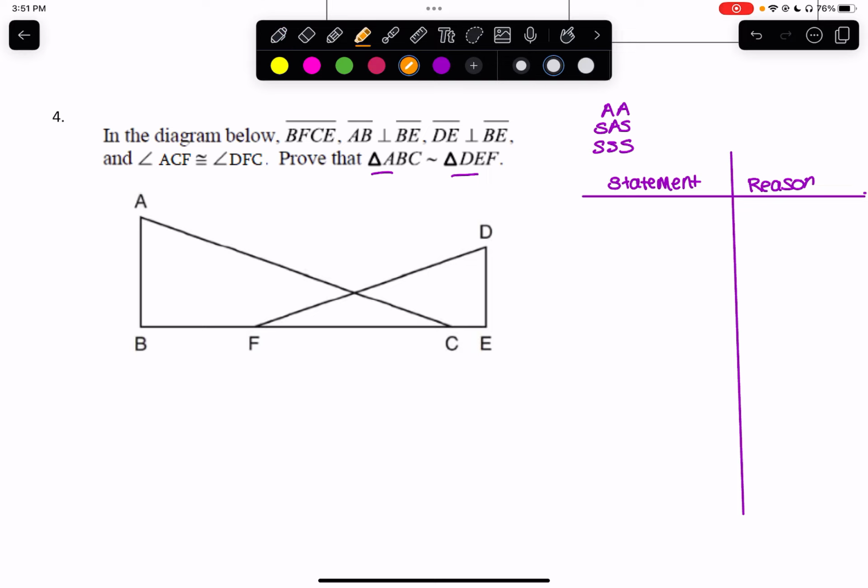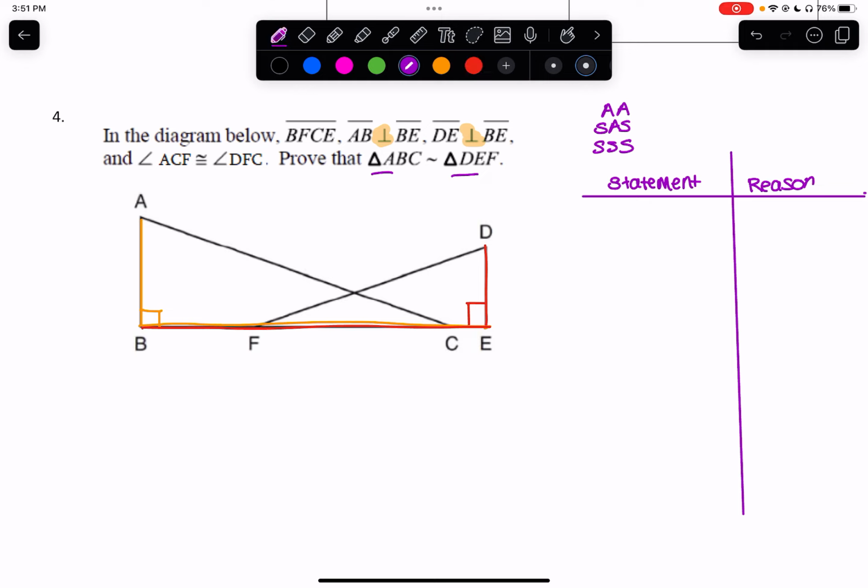Let's look at the given information. We have two pairs of perpendicular lines, so I'm first going to find those. AB is perpendicular to BE, so I have a right angle there, as well as DE and BE, so I have a pair of right angles.